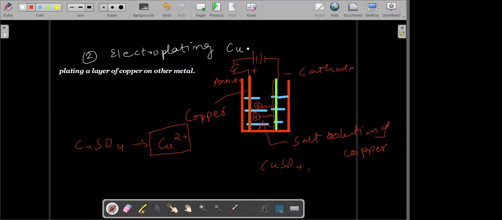The reason being, one copper ion from this positive copper electrode gets into the solution, and one copper ion from the solution gets deposited over here. So it is just give and take. It's not that the same ion is traveling from here to here. Got it?